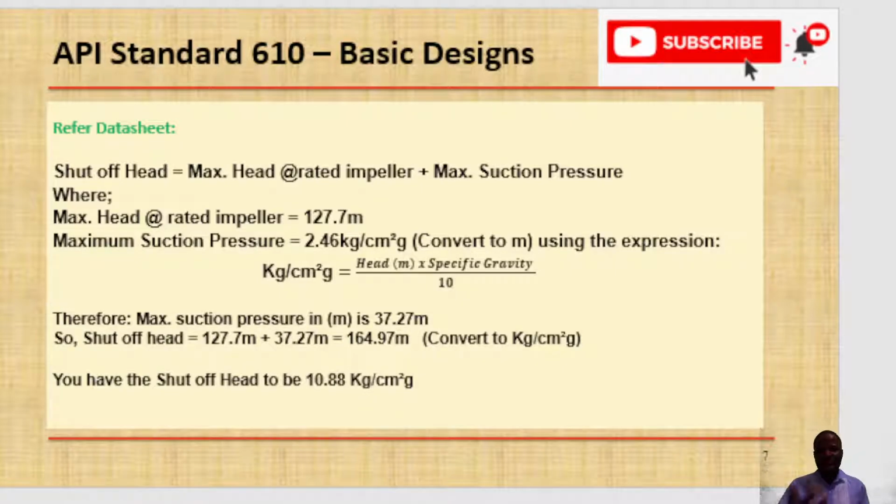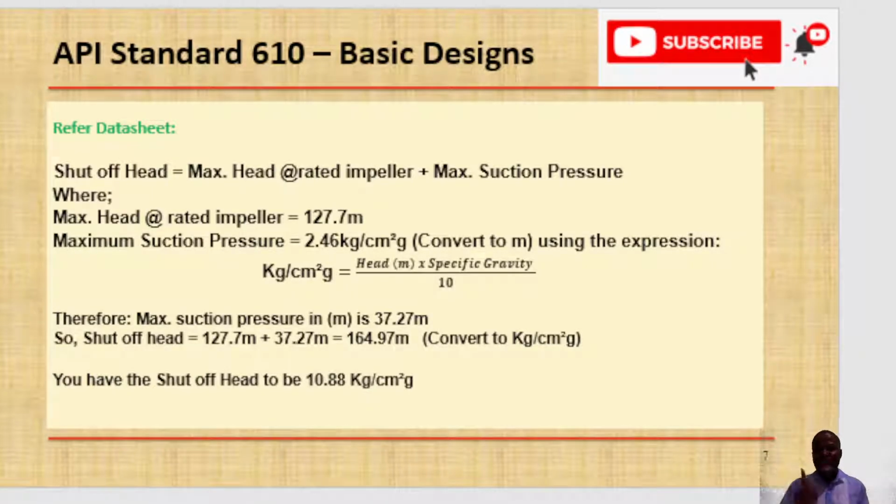Now, by calculation, we said shut-off head is the maximum head at rated impeller. The maximum head at rated impeller must have been given by the pump vendor, which will have been stated on your mechanical data sheet.